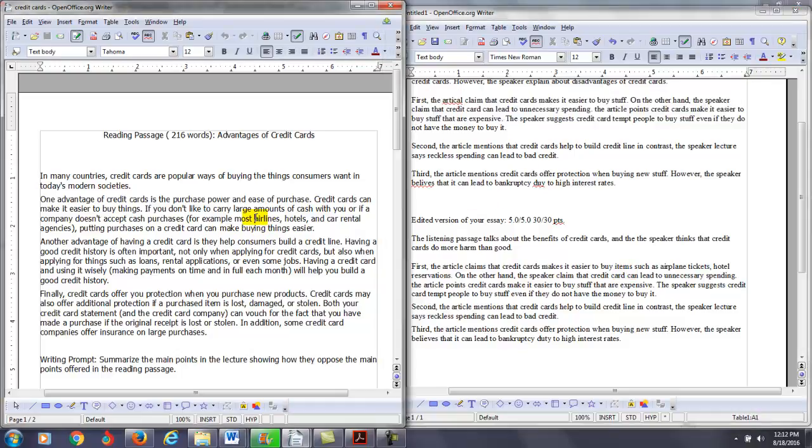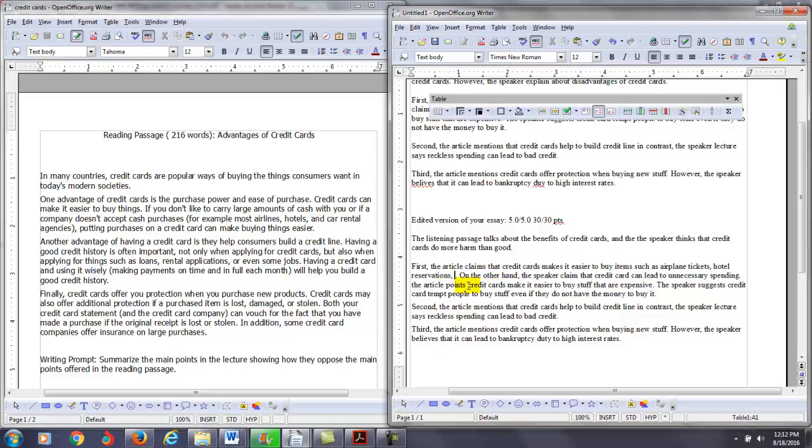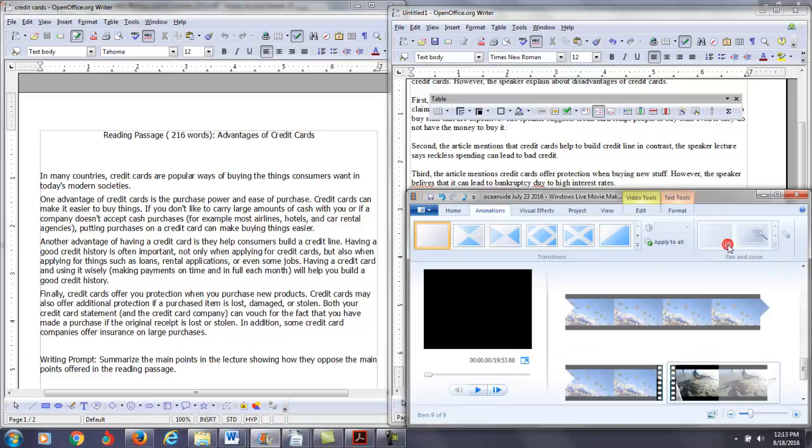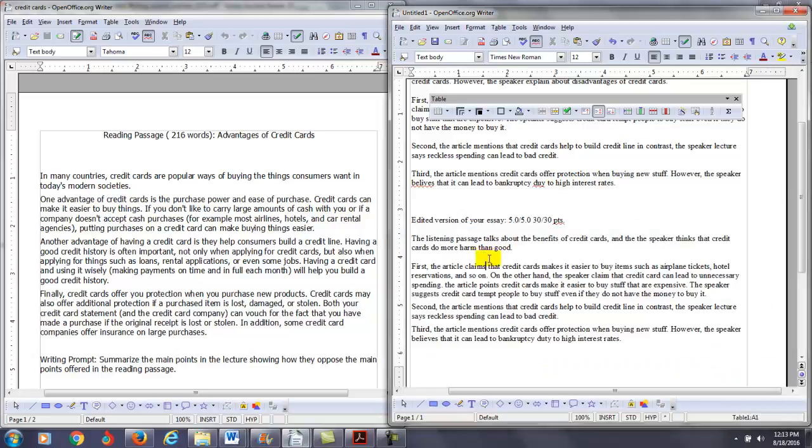So instead of saying airlines, I'm saying airplane tickets. Instead of hotels, I'm saying hotel reservations. And then we'll say, and so on. Okay, let's take a look.